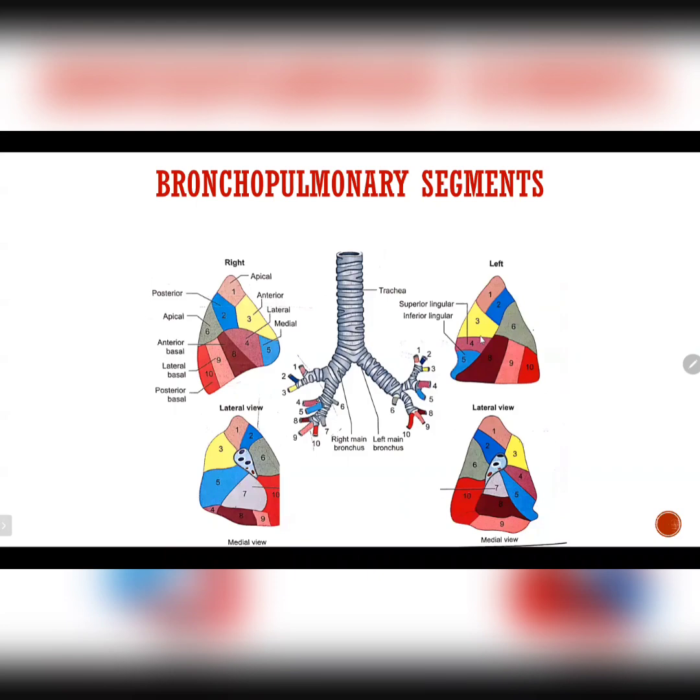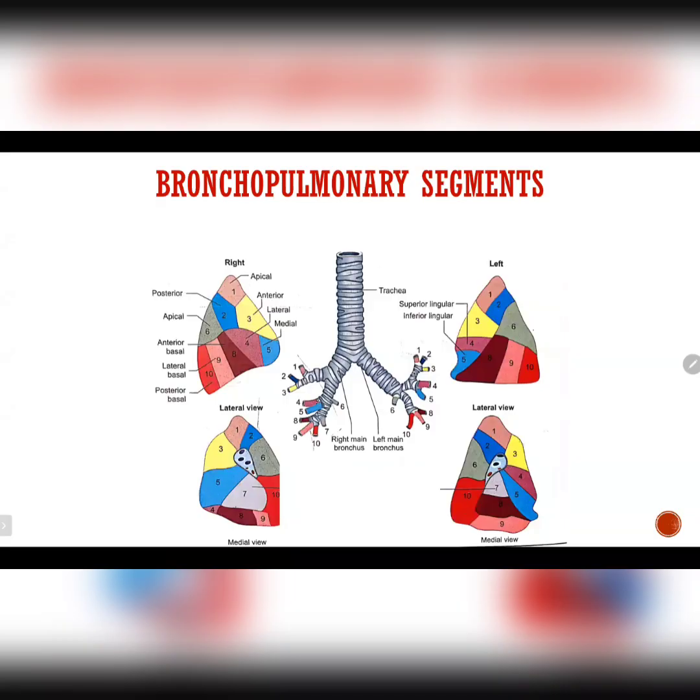And the question that we usually ask is, name the bronchopulmonary segments present in the lingula. So what is the answer for that? Superior lingular and inferior lingular. Yes, good. Another question that is asked is, what is the bronchopulmonary segment present at the apex of the lung? We learned about the lung apex last class.